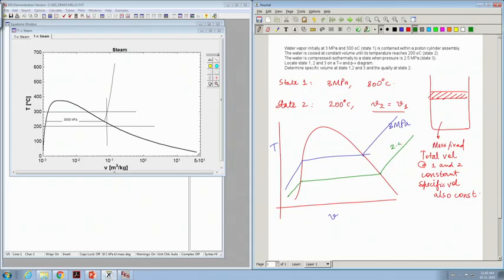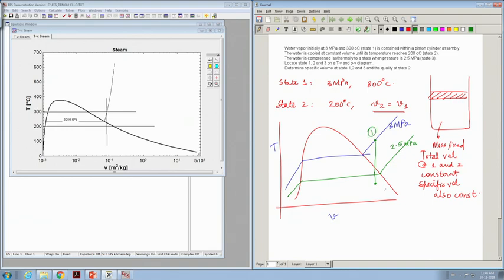So, this is 2.5. I have exaggerated how this looks. So, it starts somewhere over here, and then it goes down isothermally. So, actually we need to know what the pressures are, but anyway maybe it goes below 2.5.